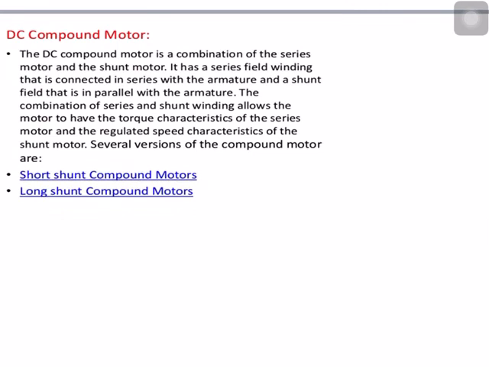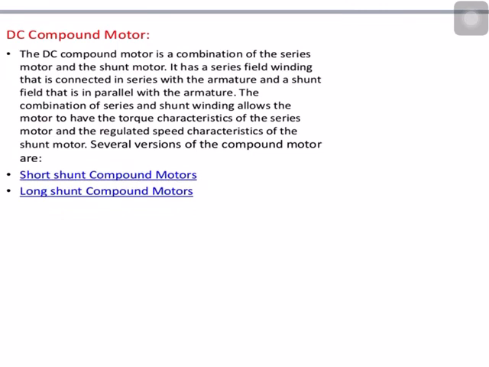In a compound motor, if series and shunt windings are connected such that series flux is in the same direction as that of the shunt flux, then the motor is said to be cumulatively compounded. And if the series flux is opposite to the direction of the shunt flux, then the motor is said to be differentially compounded.